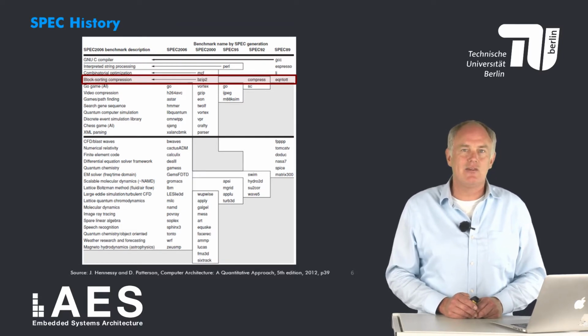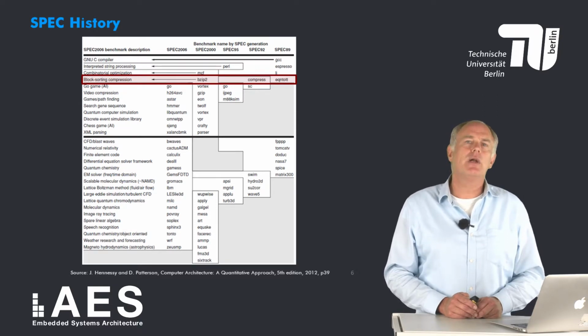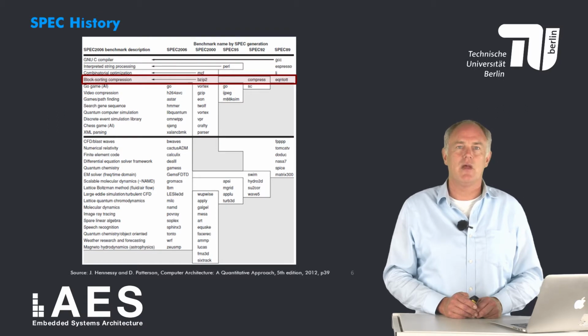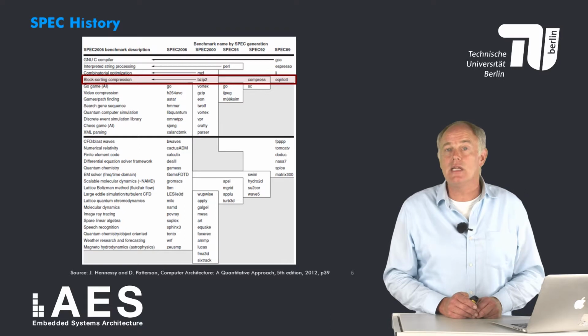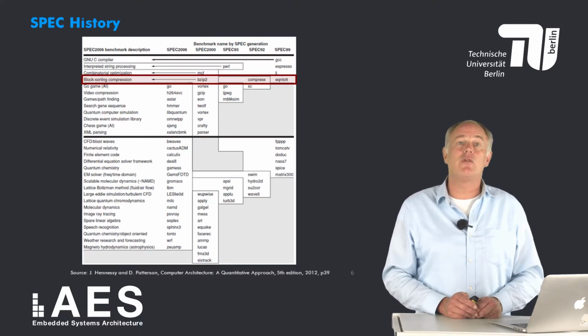Compress in SPEC 92 and bzip2 in SPEC 2000 and SPEC 2006. EQNTOTT is not a compression benchmark, but a benchmark generating truth tables from Boolean expressions. The fact that several benchmarks are in the same row does not necessarily imply that they are from the same domain.